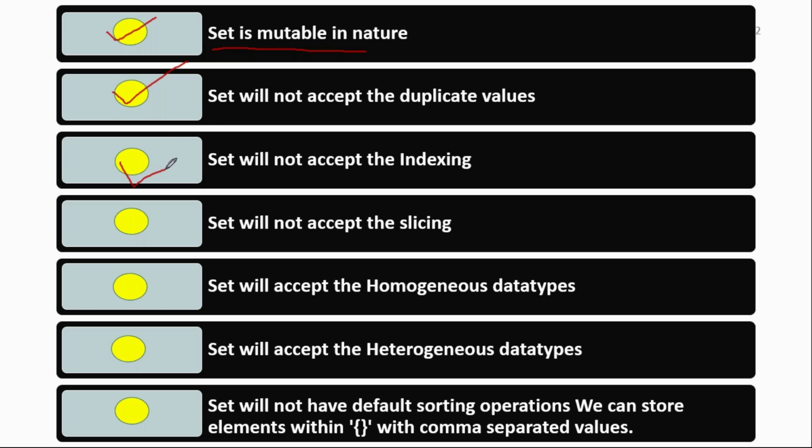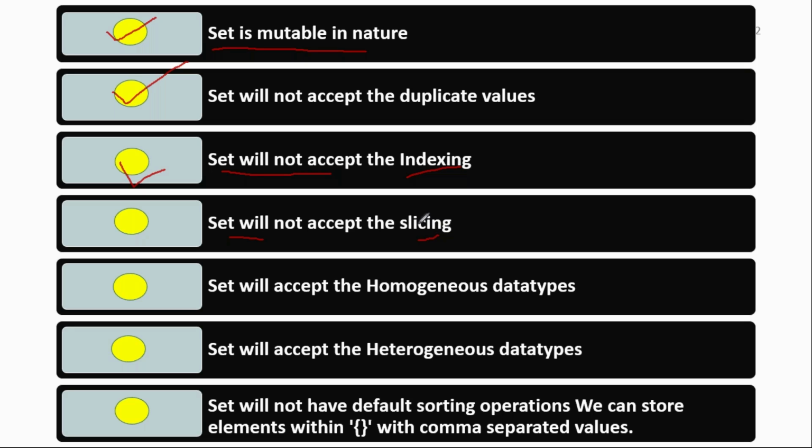And then set will not accept indexing, and set will not accept slicing. List and tuple will accept indexing and slicing, but the set data structure will not, because indexing and slicing are used to retrieve data very fast using index numbers.